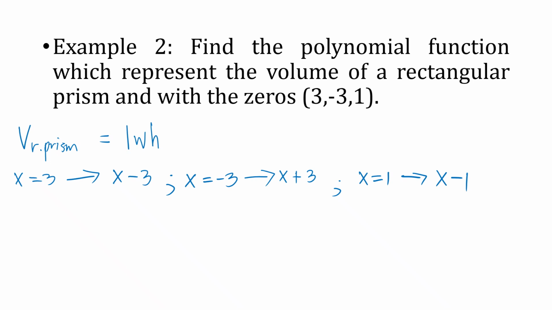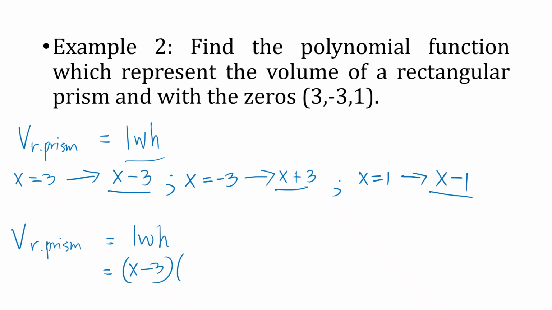So with that, these factored forms will be substituted in the formula. So we have V R prism is equal to length, width, and height. So we have x minus 3 times x plus 3 times x minus 1.